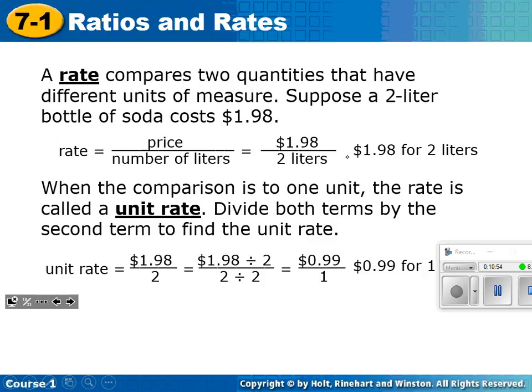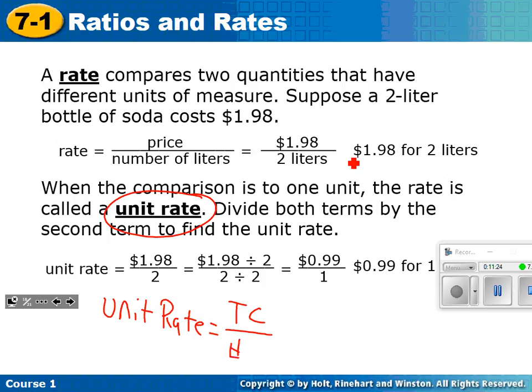In order to find a unit rate, what we're looking for is, I'm going to say unit rate equals your total cost divided by the number that you have.